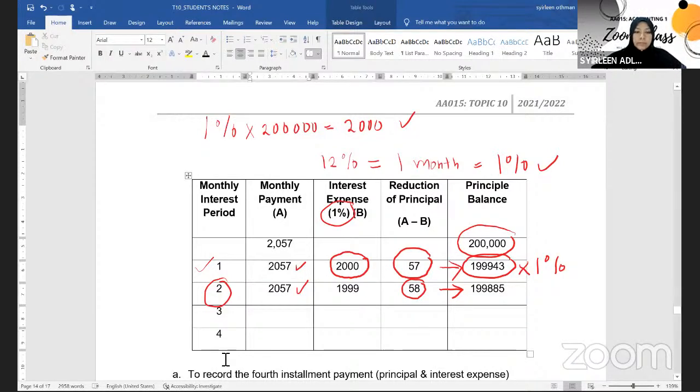Alright, okay, so for the third month I am going to pay the same amount, which is RM2,057. Okay, but the interest for the third month is based on the latest balance. Okay, so my latest balance is 199,885, times 1%. So my interest here is 1,999. Okay, kita round up. That means dia in your calculator you akan dapat RM1,998 and 85 cents.